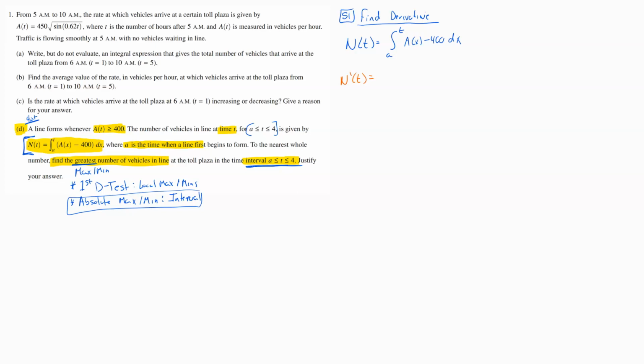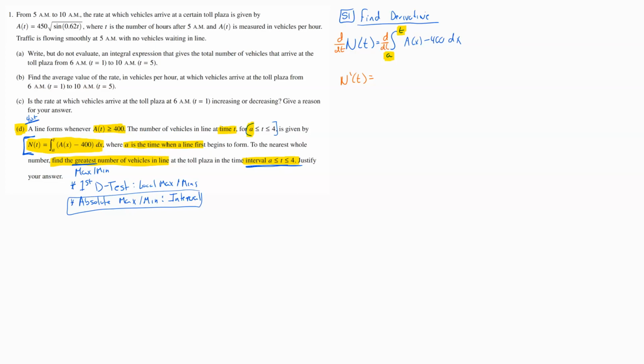Remember, a is just a number, the lower bound of the interval we care about, and there's a variable up here. The only time you ever take the derivative of an integral is when we're doing the Fundamental Theorem of Calculus Part 1. That's where the bells and whistles should be going off.